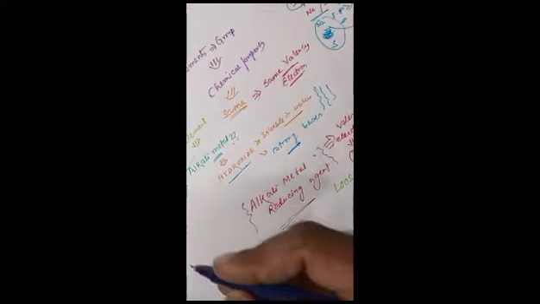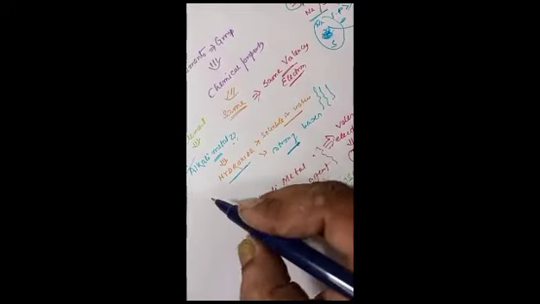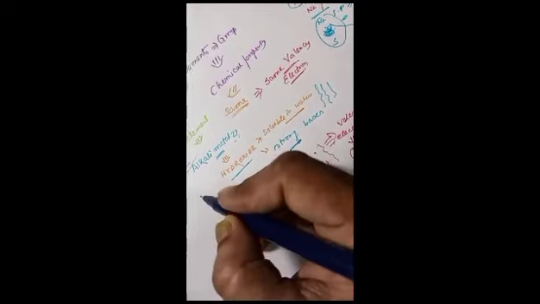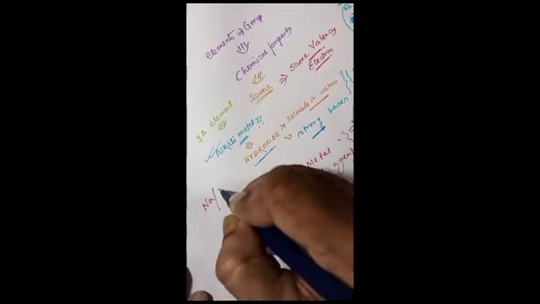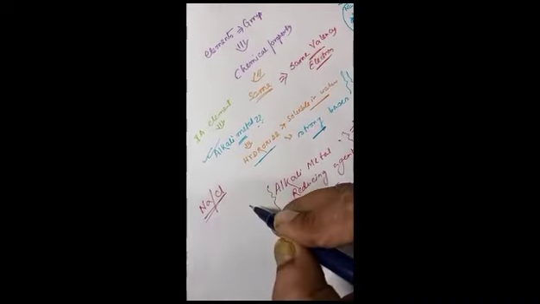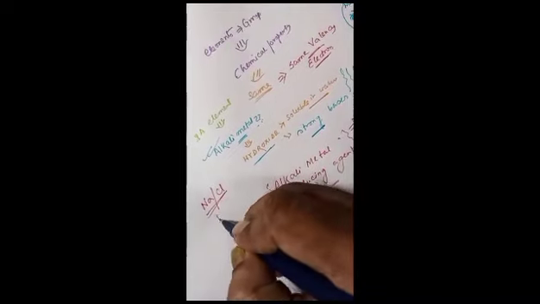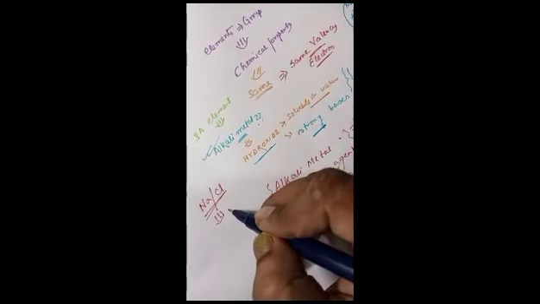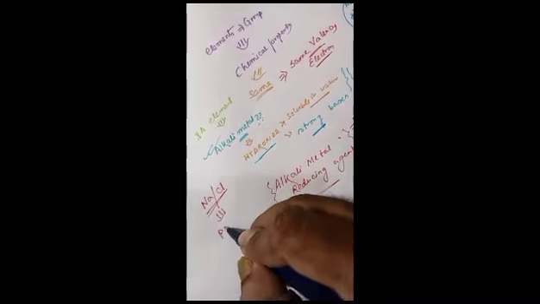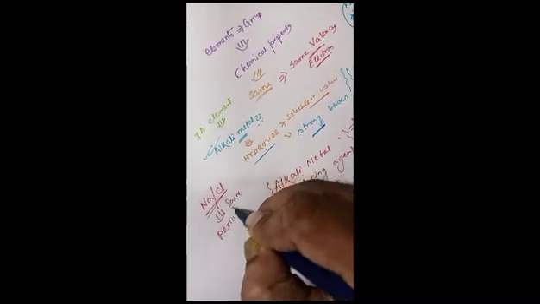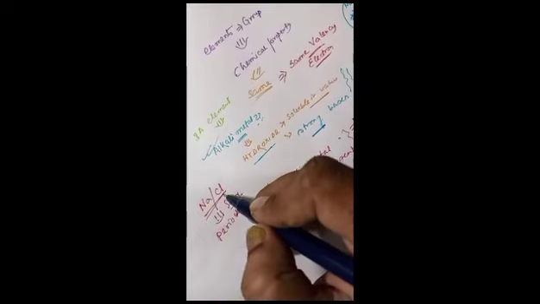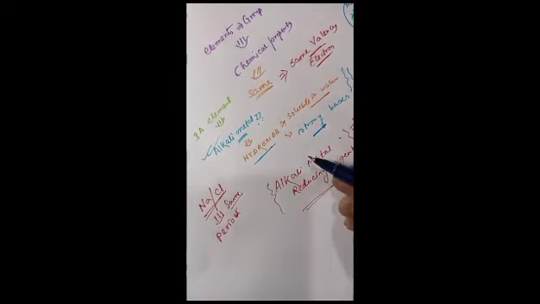Now a question arises: sodium and chlorine are in the same period. Why, when one is a metal and the other a non-metal, are they in the same period of the periodic table?